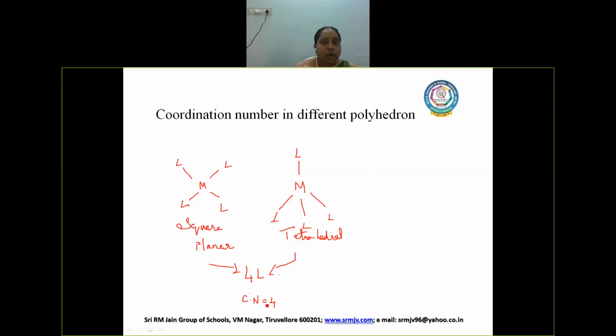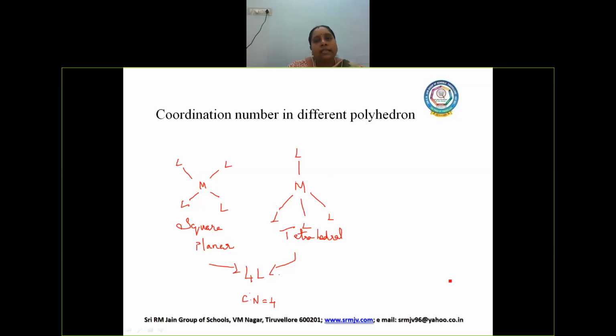Children, for square planar and tetrahedral complexes, if the ligands are unidentate, whether the complex is homoleptic or heteroleptic, the coordination number will be 4 only. Is it not?